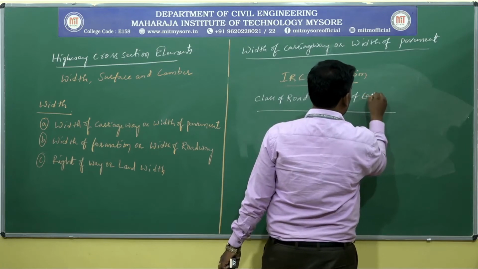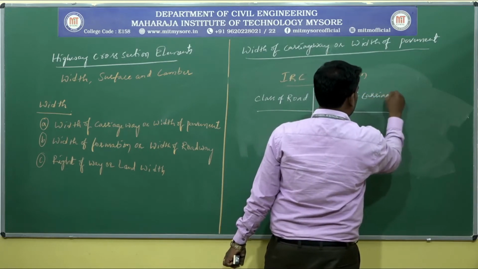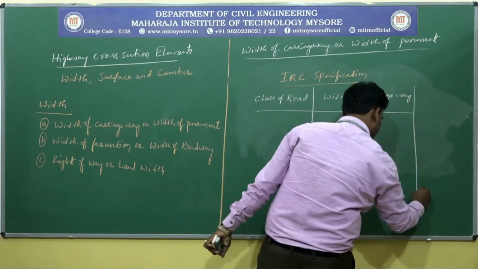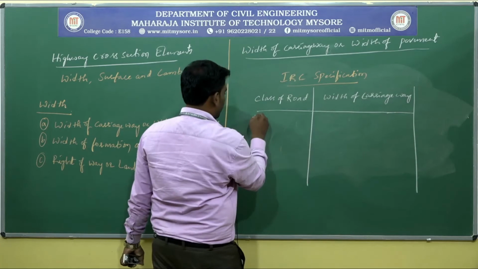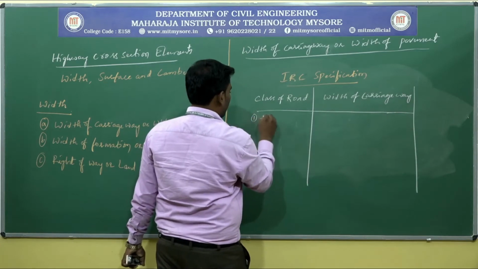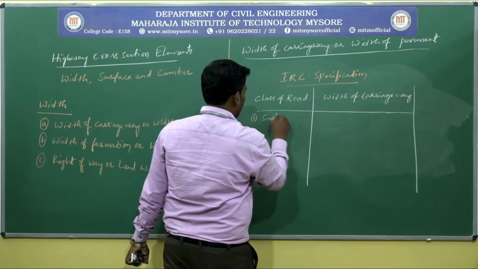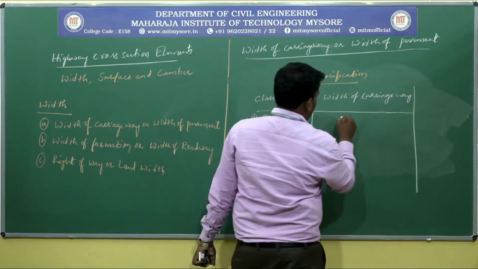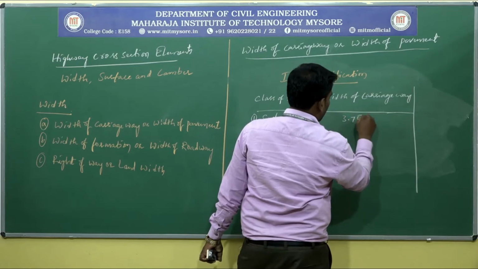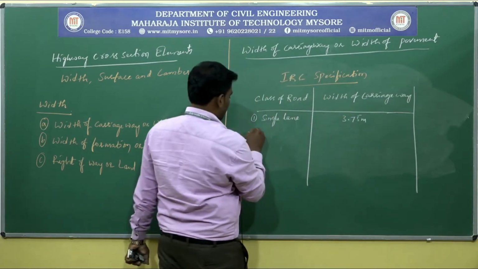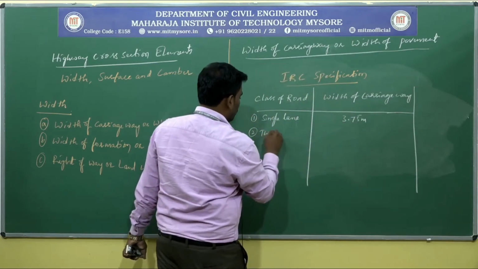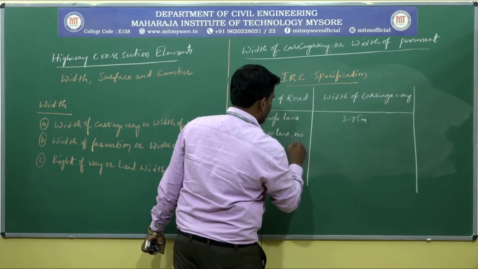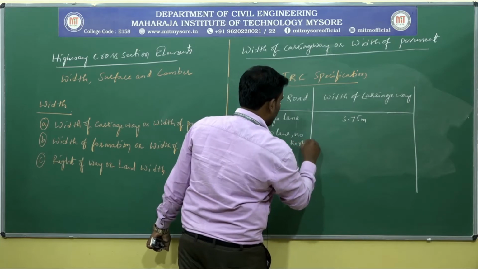Okay, number 1 it is single lane road. For that, width of carriageway is 3.75 meter. Next, number 2, 2 lane, no curbs.